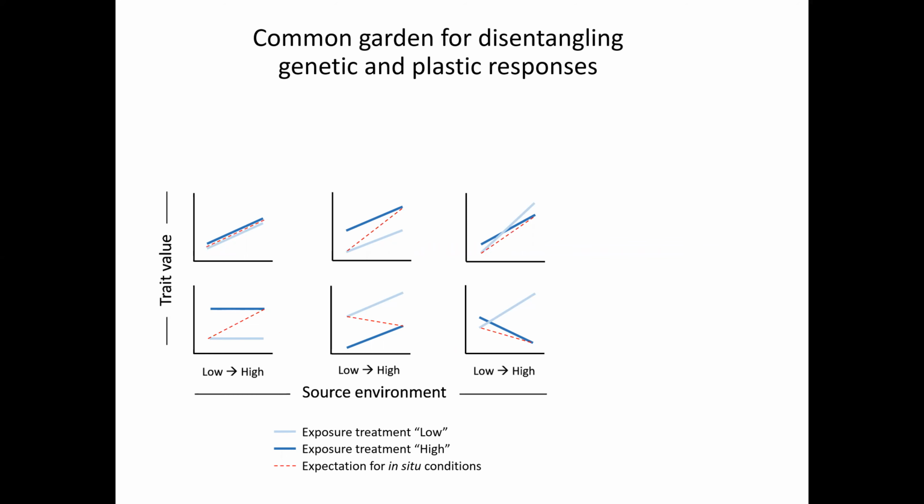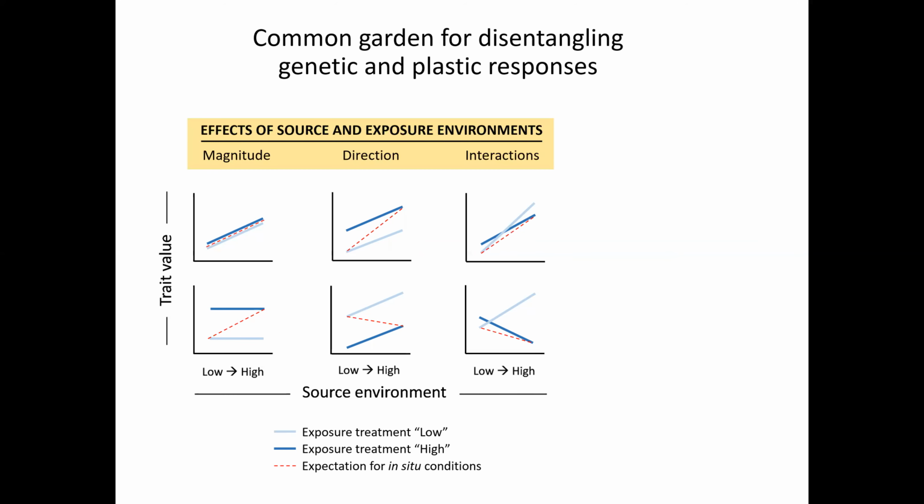We can also plot the expected pattern to be observed in the field with these dashed lines. And interestingly, depending on the magnitude, direction, and interactions between source and exposure effects, there will be more or less correspondence between genetic differentiation and what we actually find with observational data.